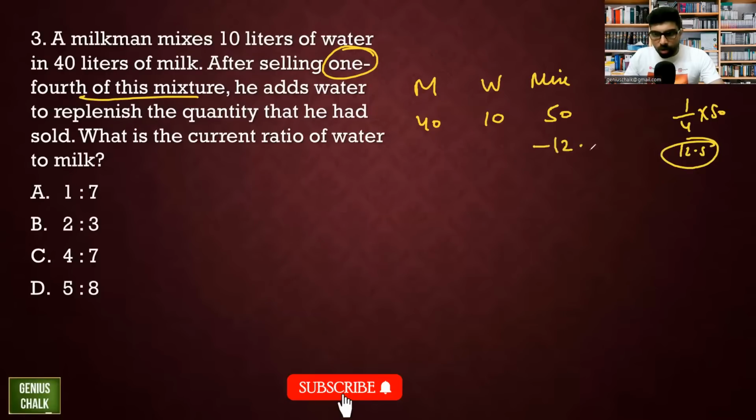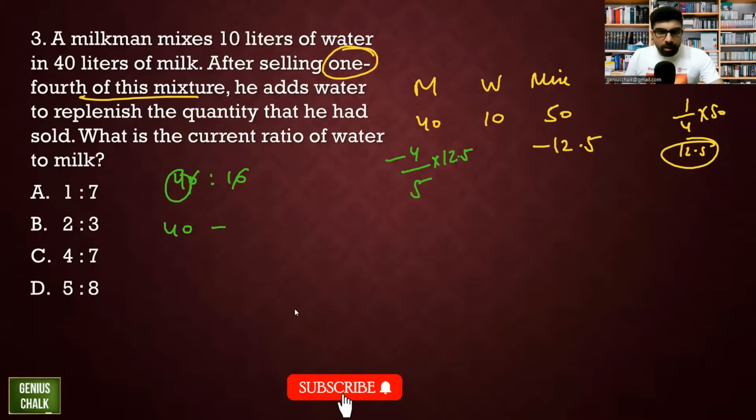So I have to draw 12.5 here, and this milk and water will be drawn in terms of ratio only. So what is the ratio? 40:10. The ratio is 4:1. So milk will be coming out in this ratio, 4 by total 5, into 12.5. This is how milk will come out, right?